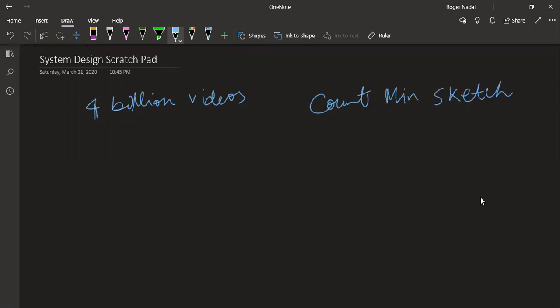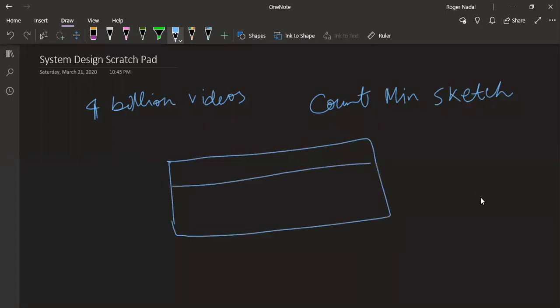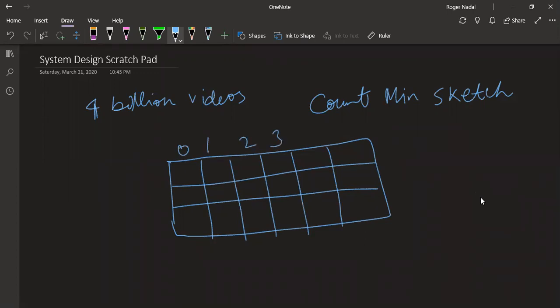So let me try to draw a sketch, something like this. Let's have 3, with values 0, 1, 2, 3, 4, 5. This is F1, this is F2, this is F3. So we have chosen 3 hash functions.